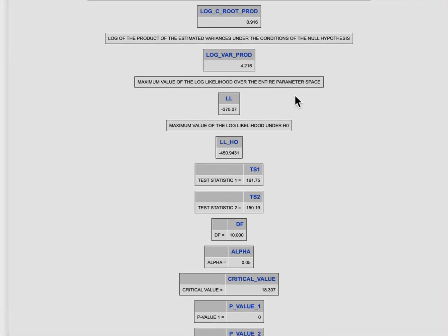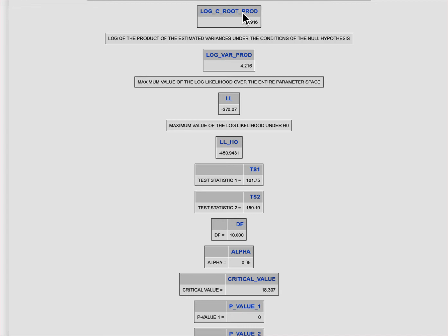If we take 0.916, subtract 4.216, we get negative 3.3. Then multiply that by negative 49, and we get 161.7. The output from PROC IML gives us something slightly different, 161.75, and that's because PROC IML is retaining the full precision of all these values.